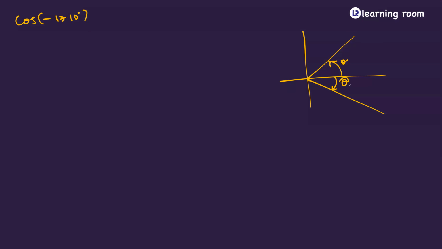So cos of minus theta falls in the fourth quadrant and gives cos theta itself. So cos of minus 1710 is going to be cos of 1710. Both have the same value.